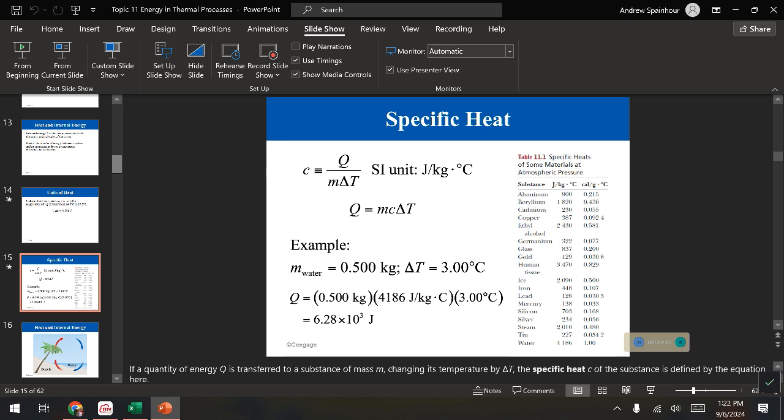I get heat by taking specific heat, which is energy in joules over kilograms degrees Celsius, times the difference in temperature and how much mass there is. So if an object has way more mass, the same change in temperature obviously needs more heat. Or vice versa. If it has way more mass and I get the same change in heat, it's going to be less temperature change.